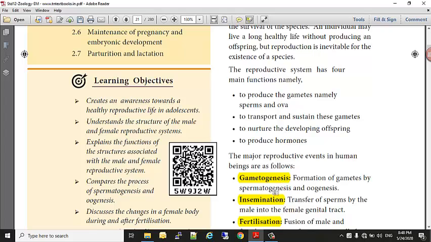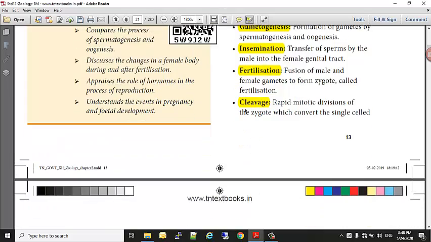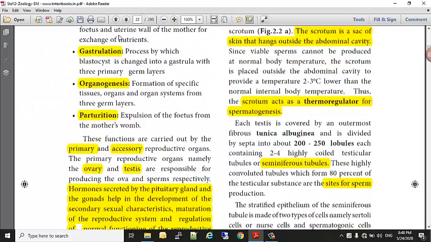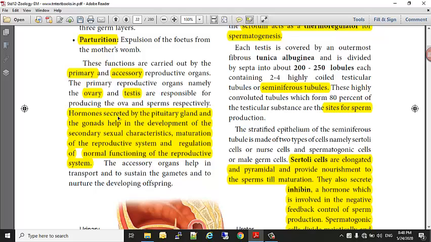And we saw the sequential events that take place in the human reproductive system, from gametogenesis till parturition, and then we saw the role of the hormones that are secreted in reproduction.